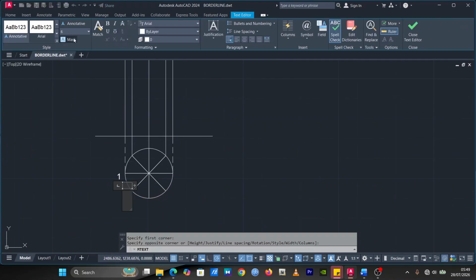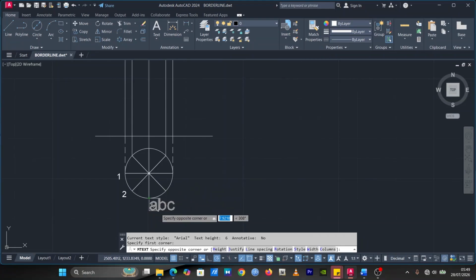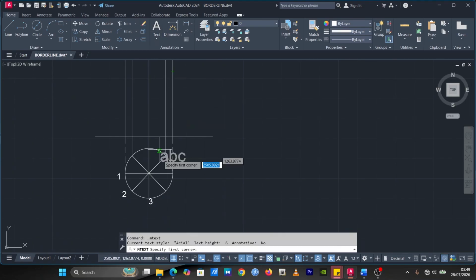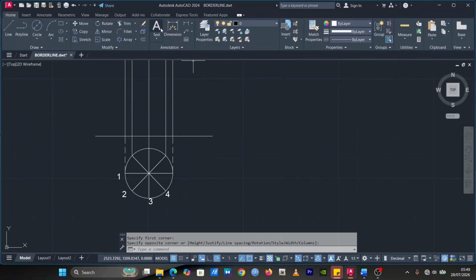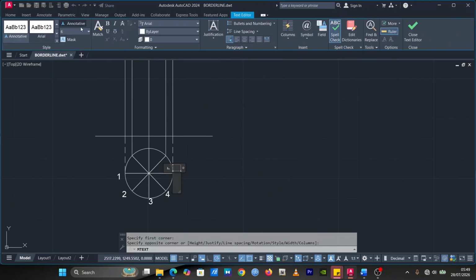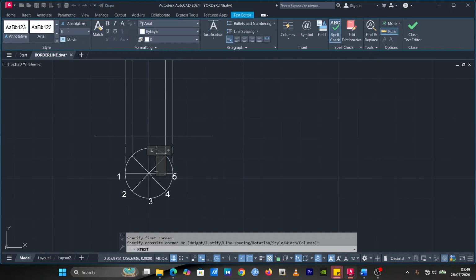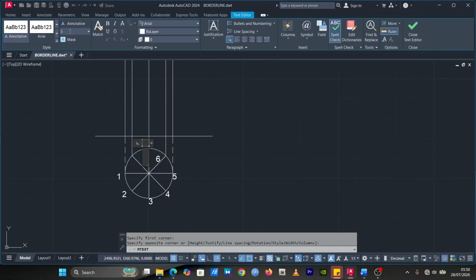So to make it look a little bit smaller, you put 2 here, you pick here, change to 3, put 3 here, put 4 here, put 5 here, put 6 here, put 7 here.